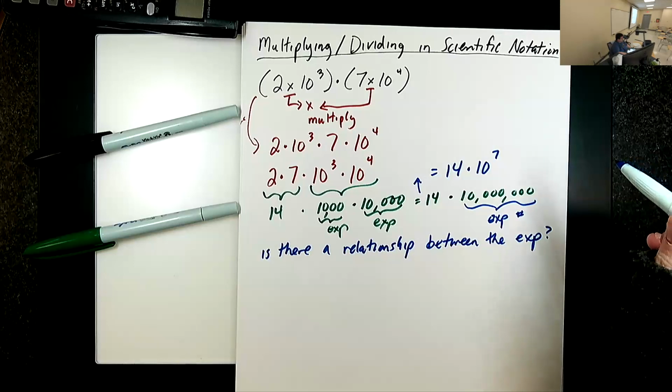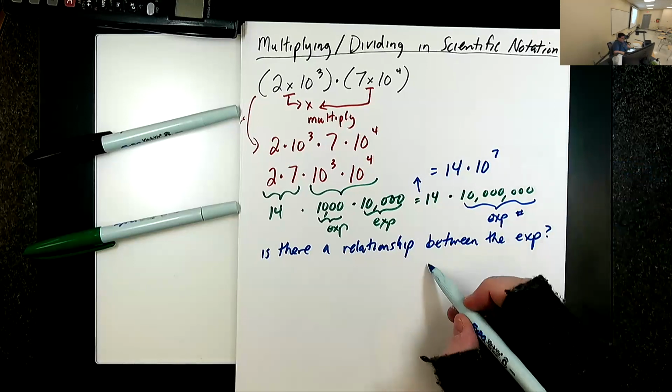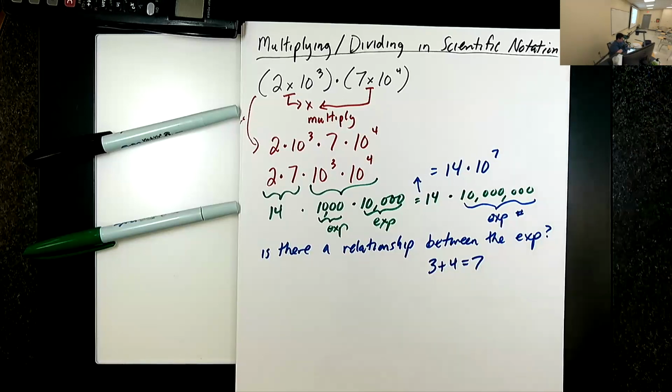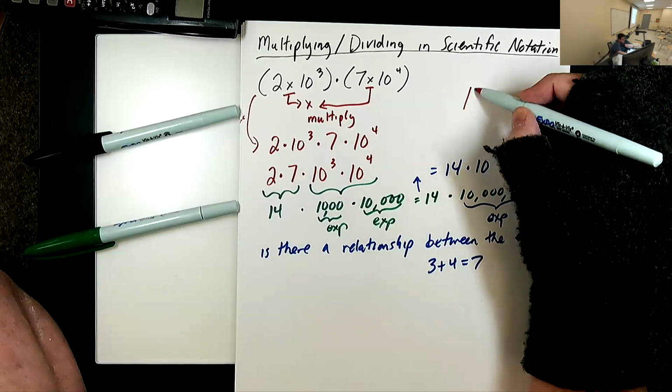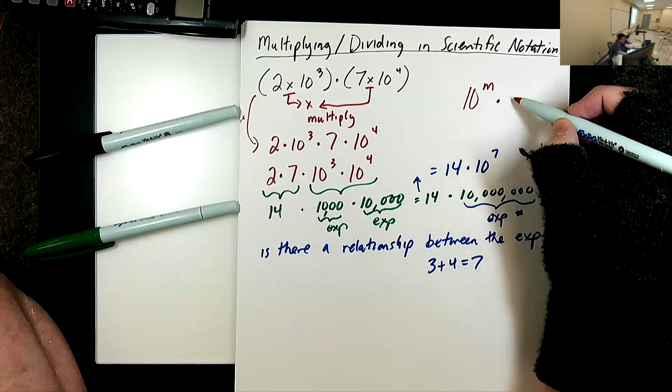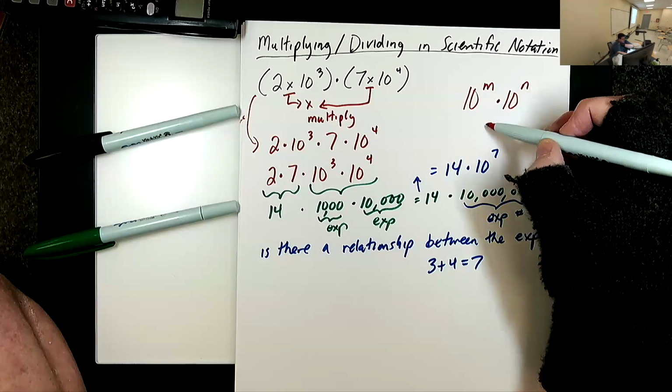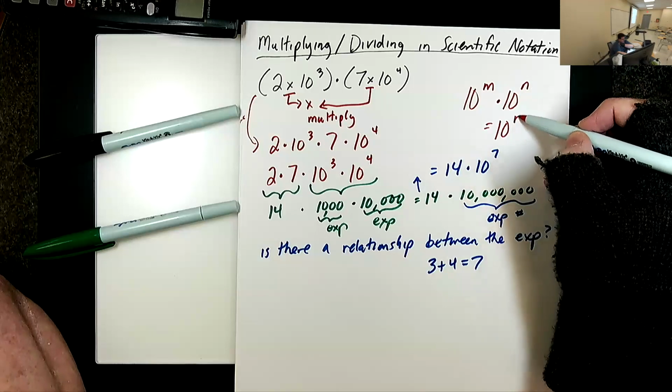You add the 3 and 4. 3 plus 4 equals 7, right? It's exactly the relationship. So this is always true. If we have 10 to some exponent m, and we multiply it by 10 to some exponent n, this is the equivalent of 10 to m plus n.